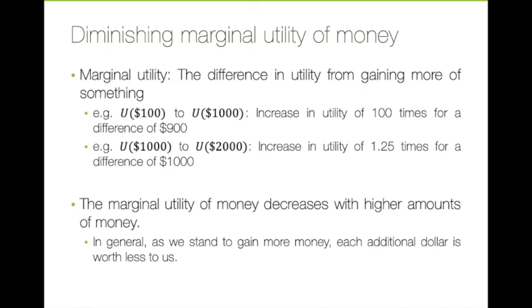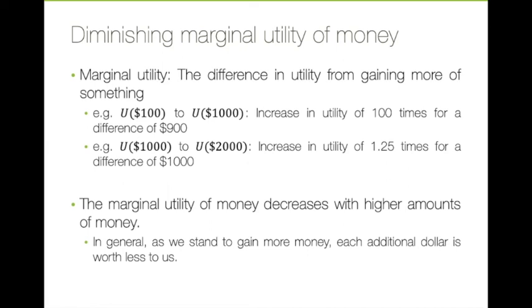That tells us that the difference of an extra $1,000 wouldn't be that much. So for most people, the marginal utility of money decreases with higher amounts of money. In general, as we stand to gain more money, each additional dollar is worth less to us. Now, there's going to be some variation along the way, and how much the marginal utility of money decreases will depend on the person, of course.